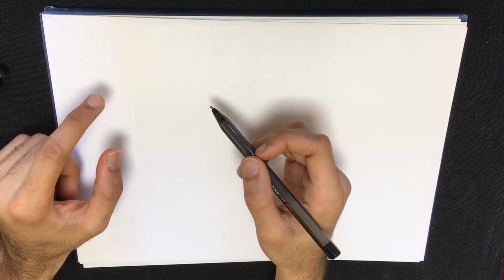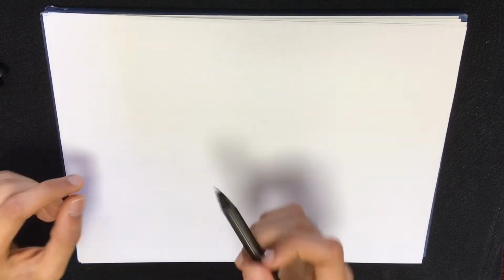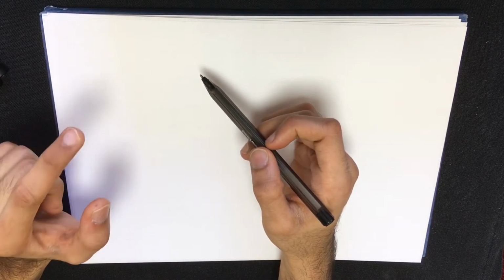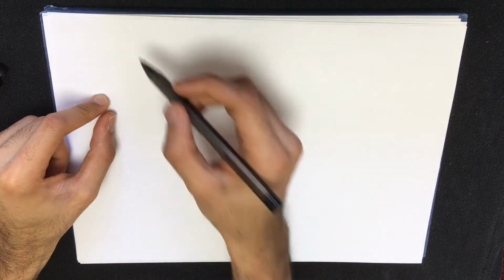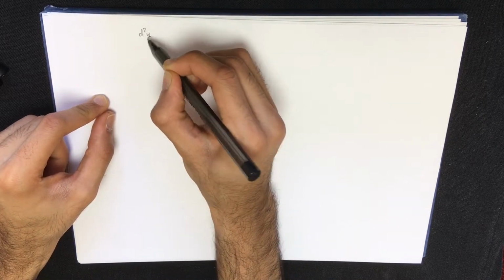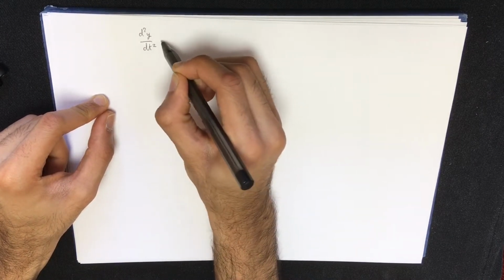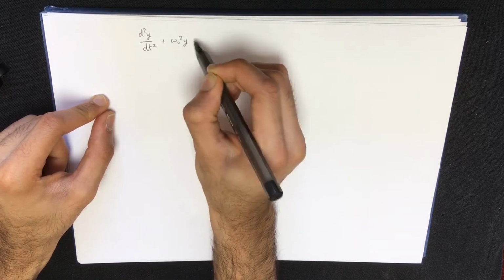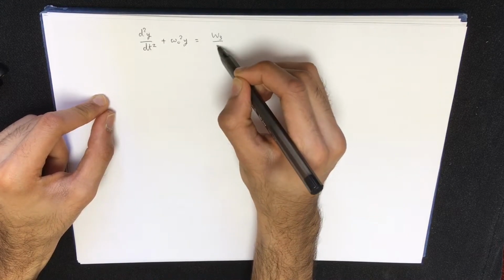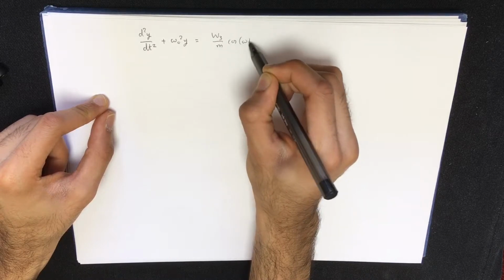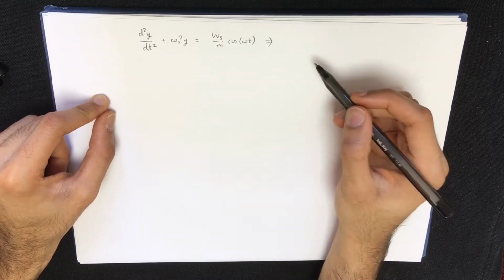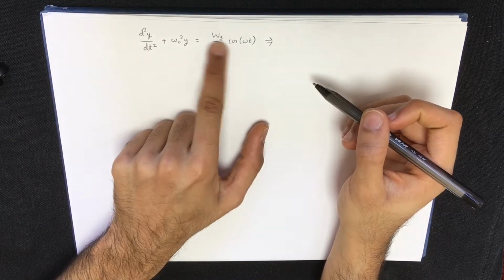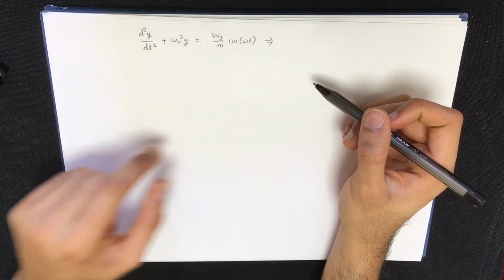Okay, so let me just plug the complex exponentials back into the differential equation. The differential equation, just to reiterate, was d squared y over dt squared plus omega naught squared y equals omega 3 over m cos omega t. But if I'm using complex exponentials, this bit just becomes the real part of a complex exponential.